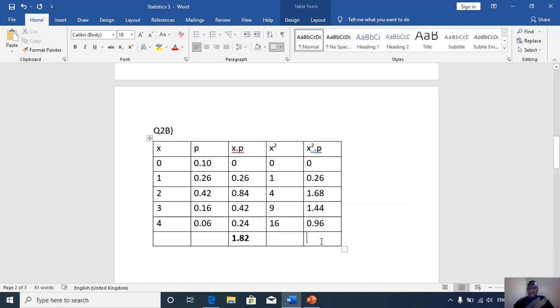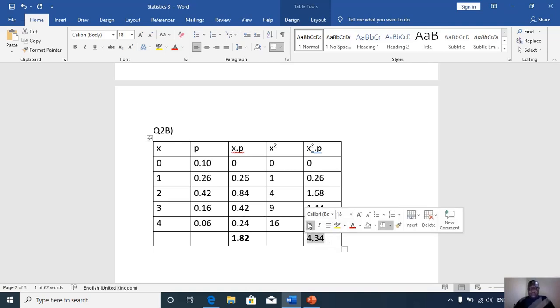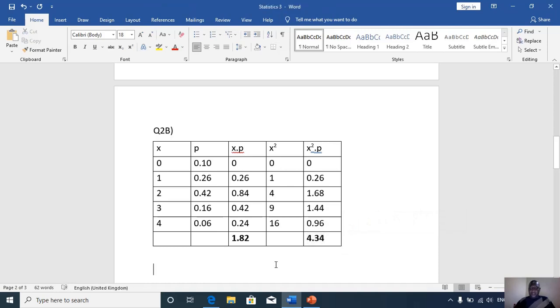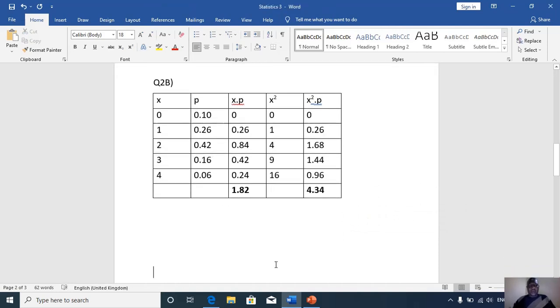Adding that column, x squared multiplied by p, that column should give you 4.34. That's the summation for that column. So once you do that table, most of the things will be done. You have about 90% of the work done already just by doing that table.